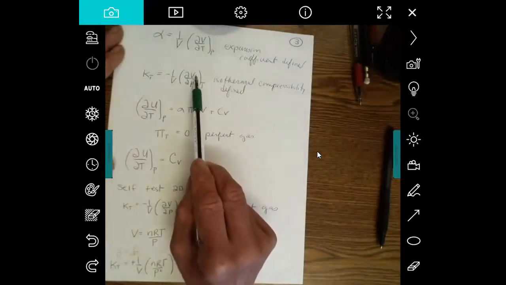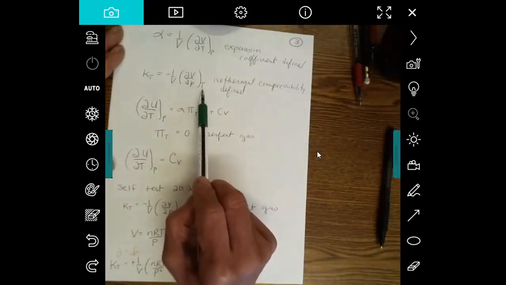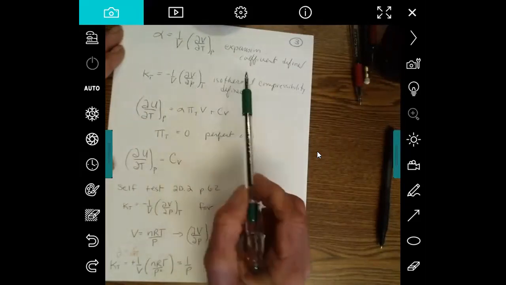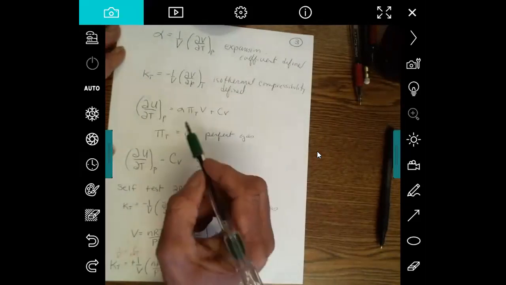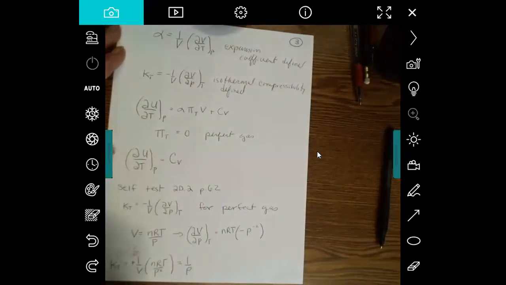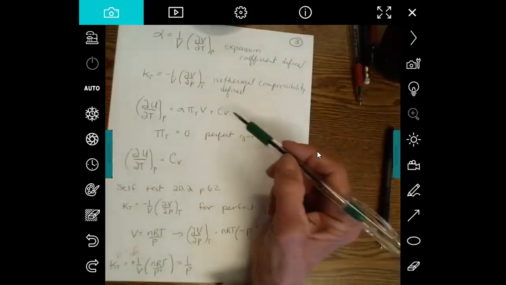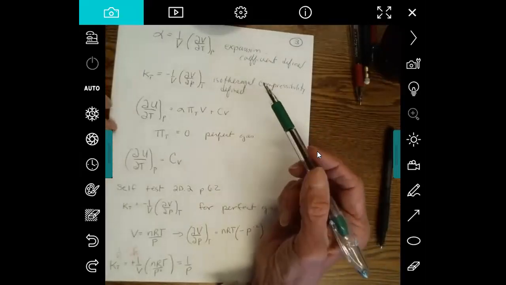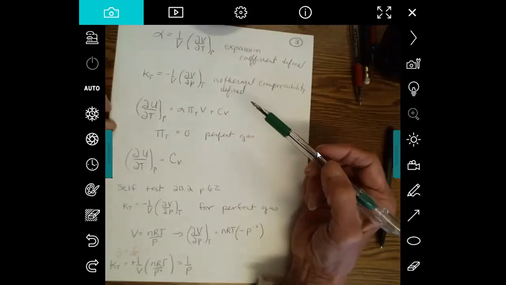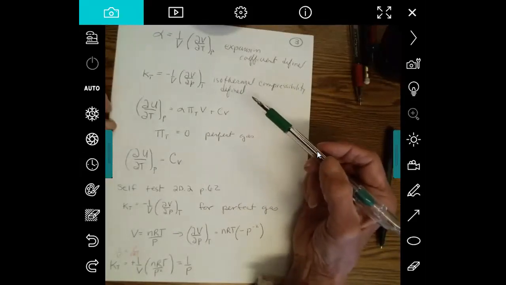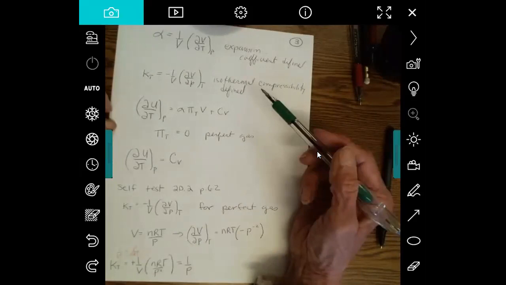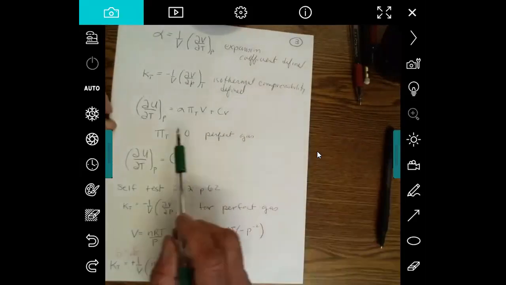How much does volume change if pressure changes when you carry it out isothermally? We'll use those. They're not part of this definition. It's not as obvious why they're doing these things, but we'll need them later.